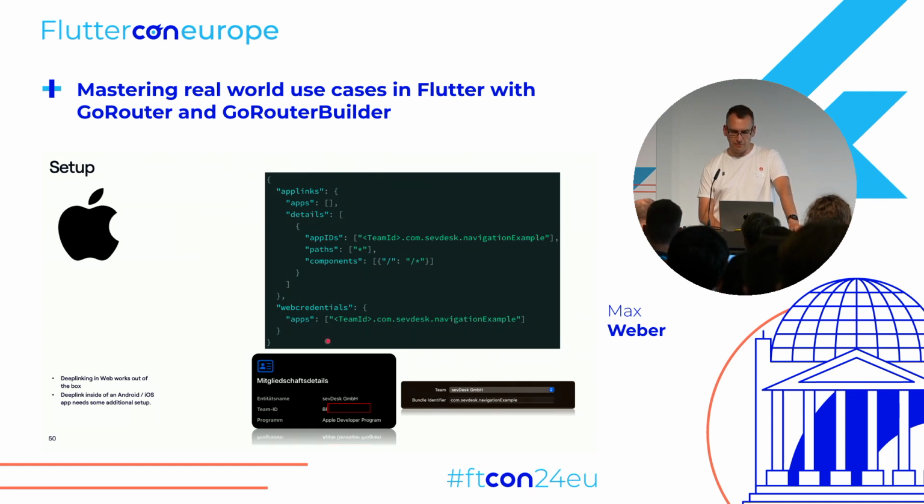And at the end, some web credential stuff, which interests more or less only Apple. Where do you find the team ID? This is actually interesting because it's on the Apple developer page. And the bundle identifier you find directly in Xcode itself.